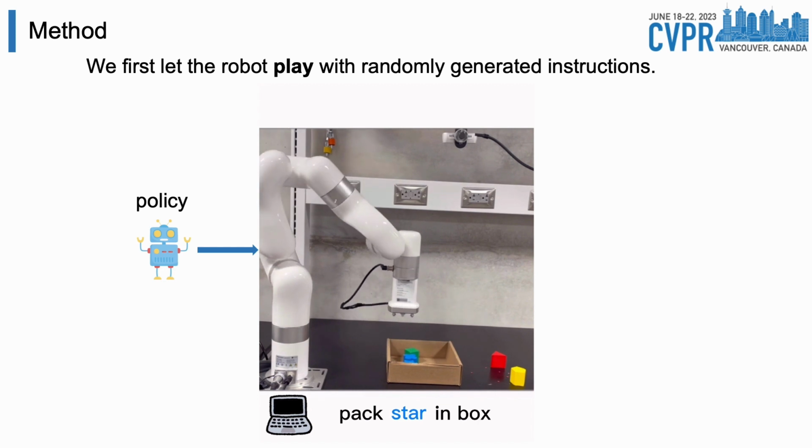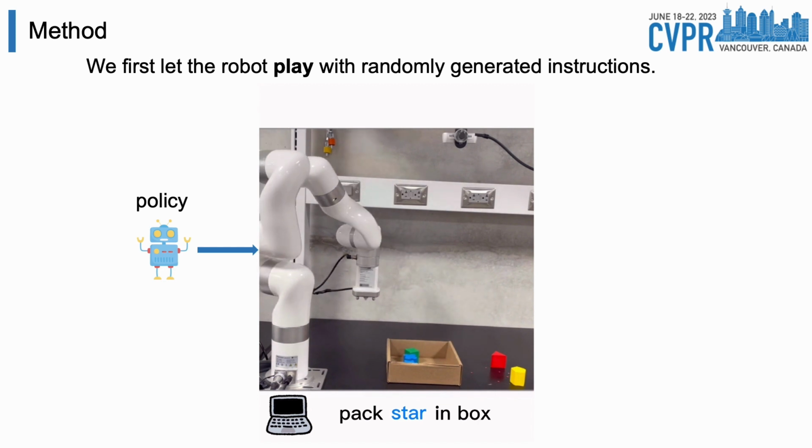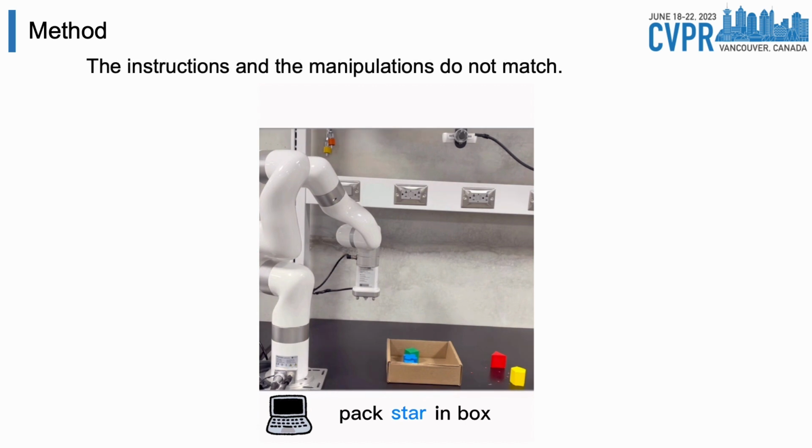We record the demonstration including the visual observations and the model's actions. Of course, the instructions and outcome actions often do not match because of the simulation to real gap. For example, given the instruction pack star in box, the robot actually moves flower shape.